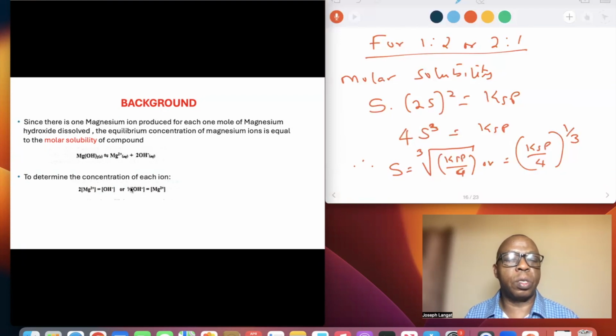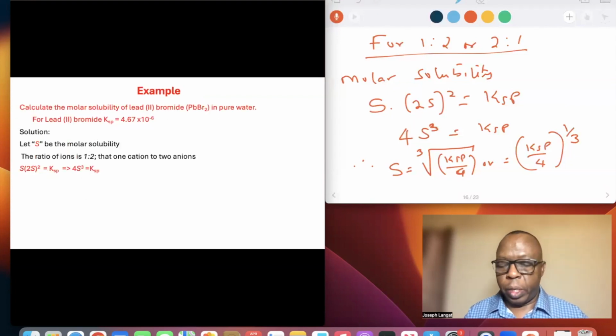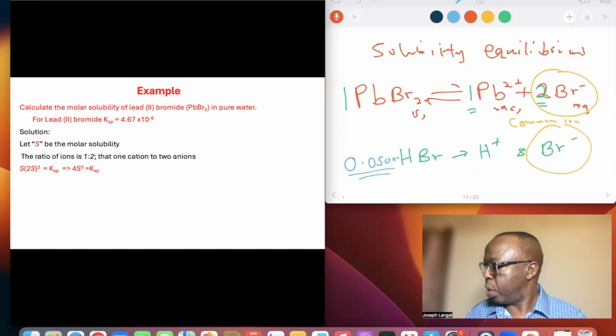If we know the concentration of hydroxide, we divide by 2 to get the concentration of magnesium. With this, we can plug into the equation to find the Ksp.